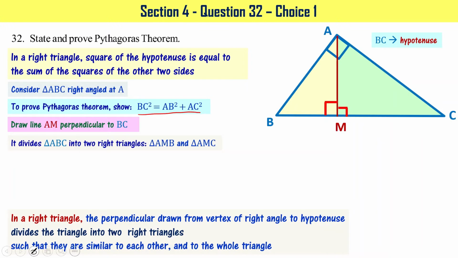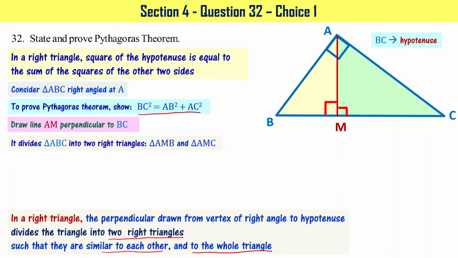But the statement we have to understand further is when you draw a perpendicular from vertex of right angle to hypotenuse of the right triangle, it divides the right triangle into two small right triangles such that the small triangles formed are similar to each other and to the whole triangle.